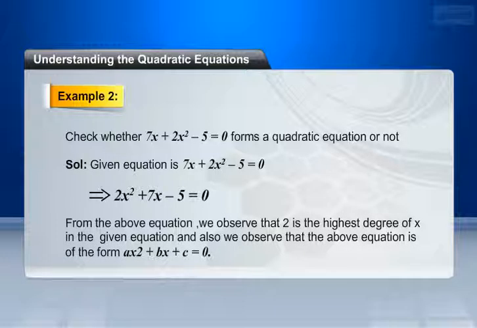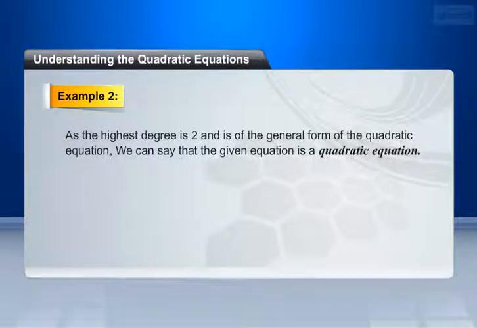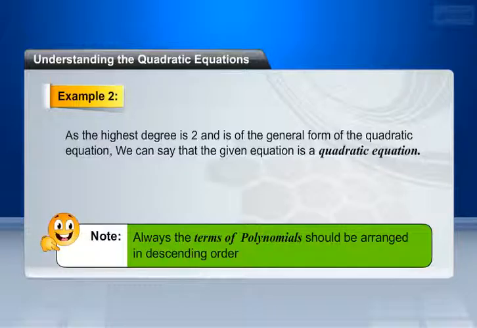We observe that 2 is the highest degree of x, and also that the equation is of the form ax square plus bx plus c equals 0. As the highest degree is 2 and the equation is of the general form, we can say that the given equation is a quadratic equation. Note, always the terms of polynomials should be arranged in descending order.